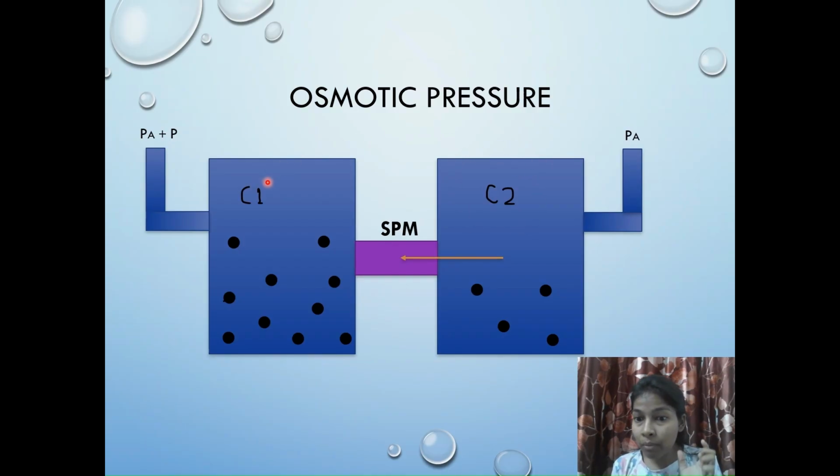That minimum pressure value that I have applied is known as the osmotic pressure. So we can define osmotic pressure as the minimum value of pressure applied to stop the movement of solvent from C2 to C1, or you can say to stop the process of osmosis.